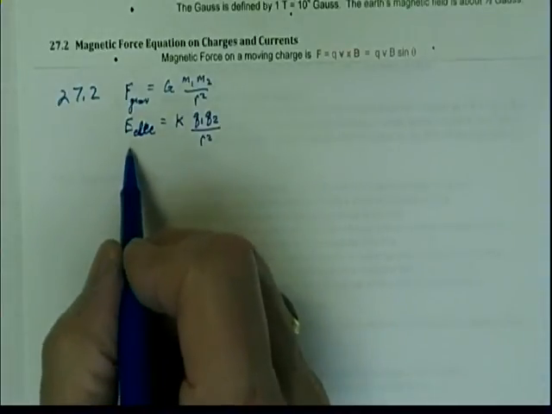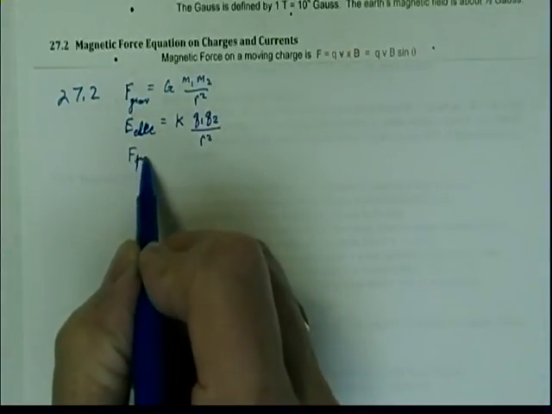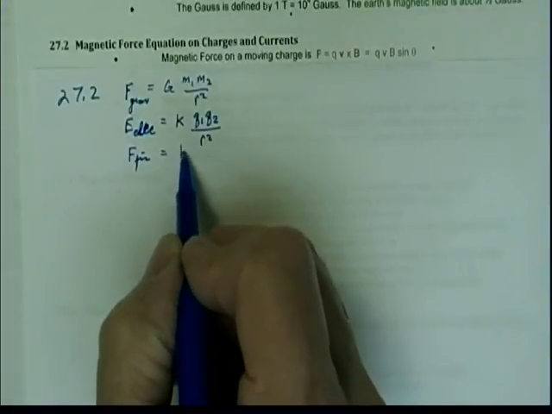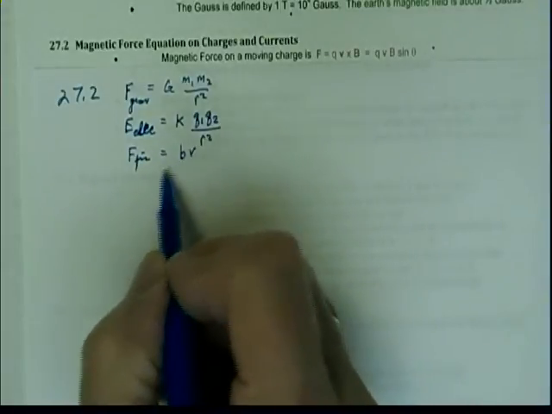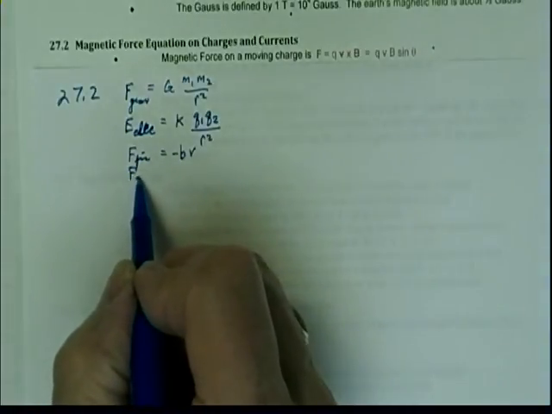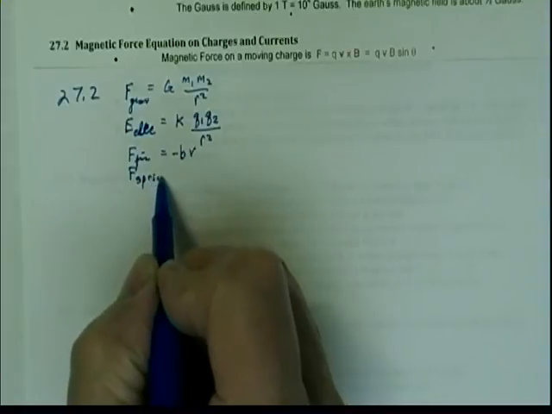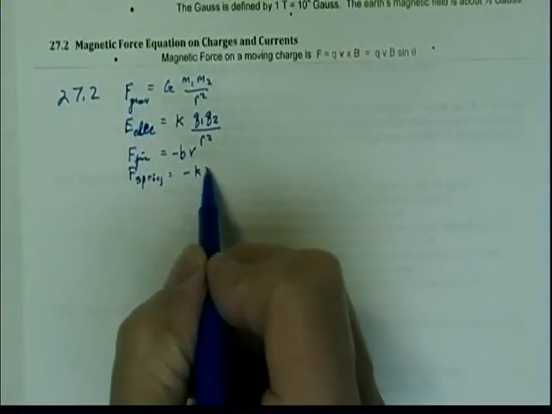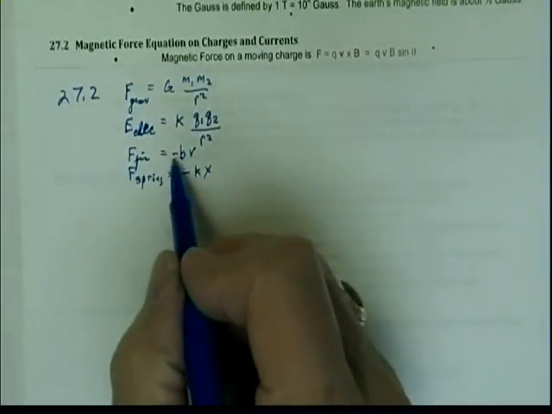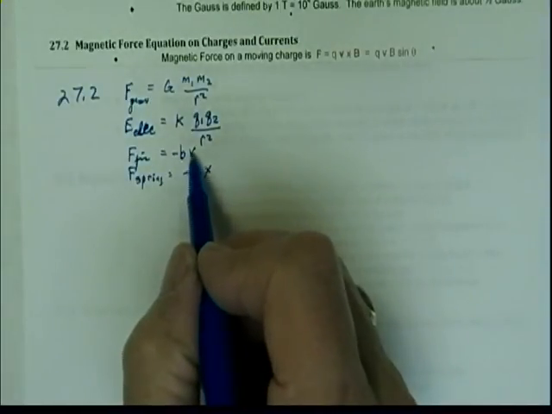Then we've had some other forces. The force of friction was some constant times the velocity, and a force of the spring constant, which is minus kx, and another force. This is a force of friction in a fluid.